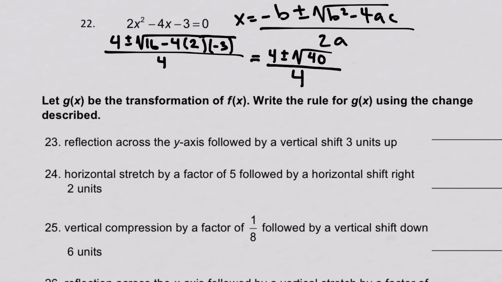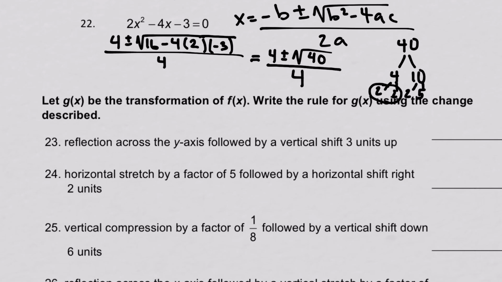And now I'm going to simplify that radical 40. Now if you have forgotten how to simplify radicals, usually we go with the factor tree. Break that 40 down into 4 and 10. 4 is 2 times 2, so break it down into 2 times 2. 10 is 2 times 5. And there you go, those are all the prime factors of 40. I see a pair of 2's and then a 2 and a 5 that have no pairs.